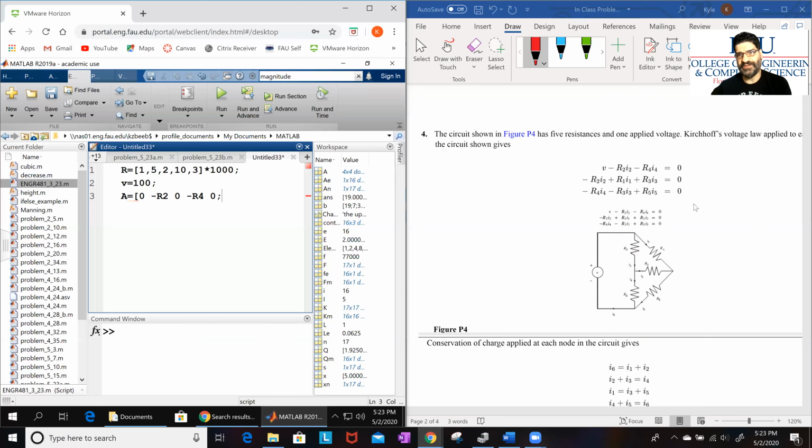So the second equation, we have I1, so R1, I2 also minus R2, and also R3, and we have R4 0 and I5 is 0.